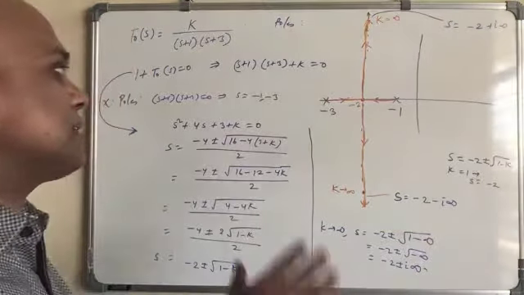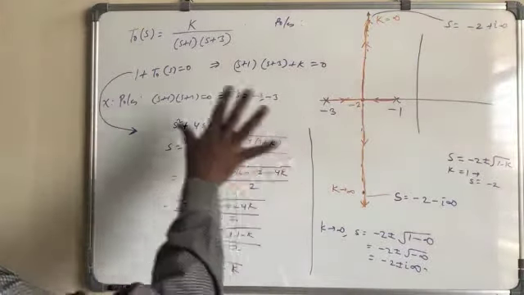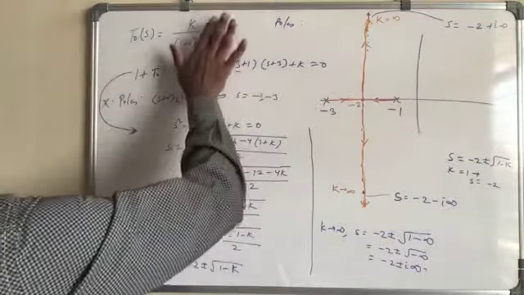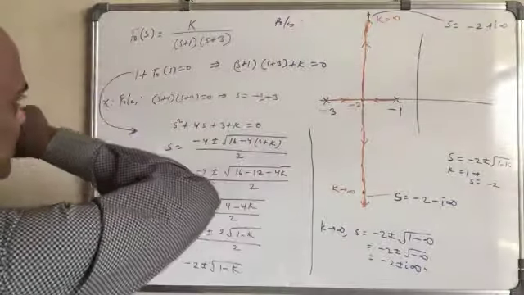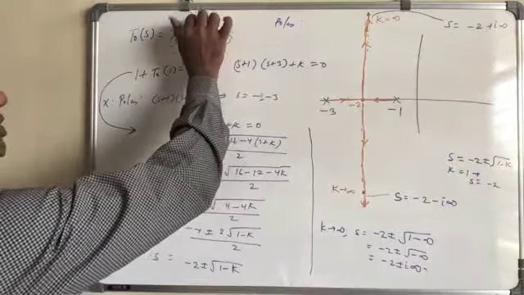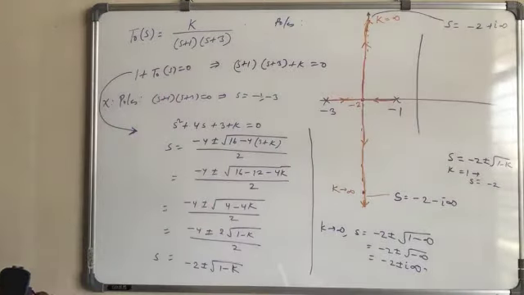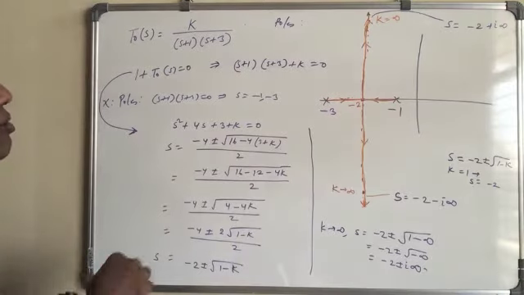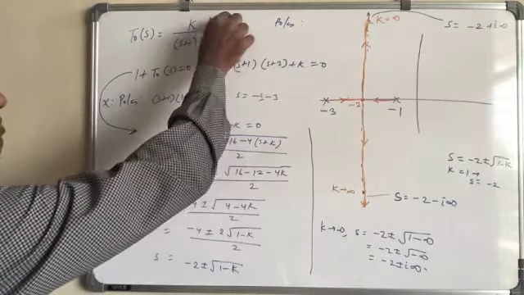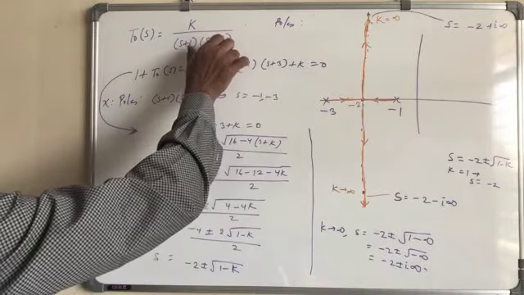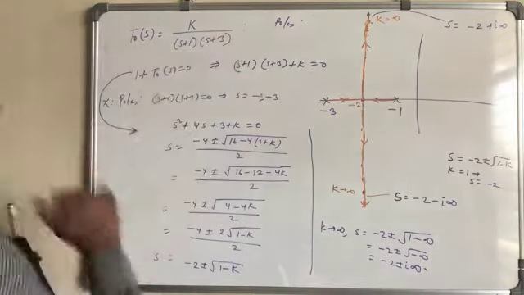But here the idea is the open loop transfer function can be written simply as a constant k, or gain, and then the numerator polynomial divided by the denominator polynomial.